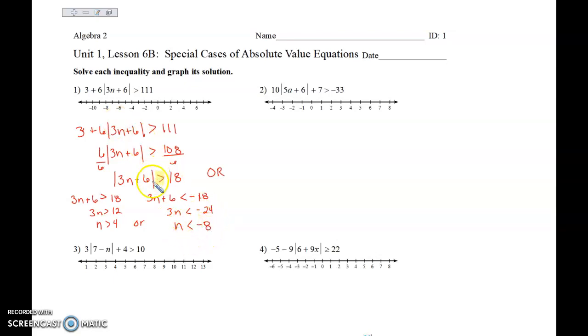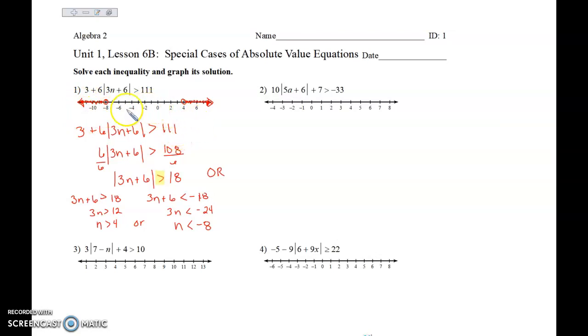Okay, and then you're going to go ahead and plot those on your graph. So at 4, it should be an open circle. You want n to be greater than, so that would be everything going this direction. Okay, and then at negative 8, it would be an open circle, and you want everything that's less than, so it's going to go this direction. Okay, these are the ones that you should be doing.